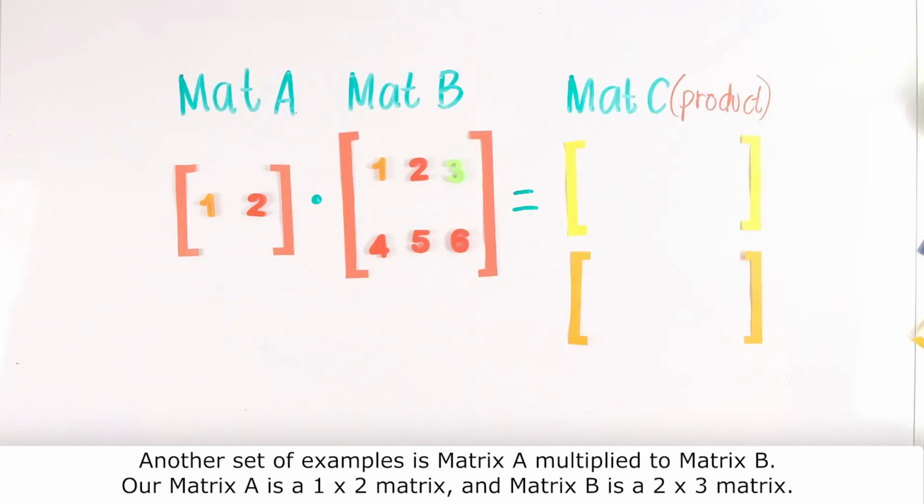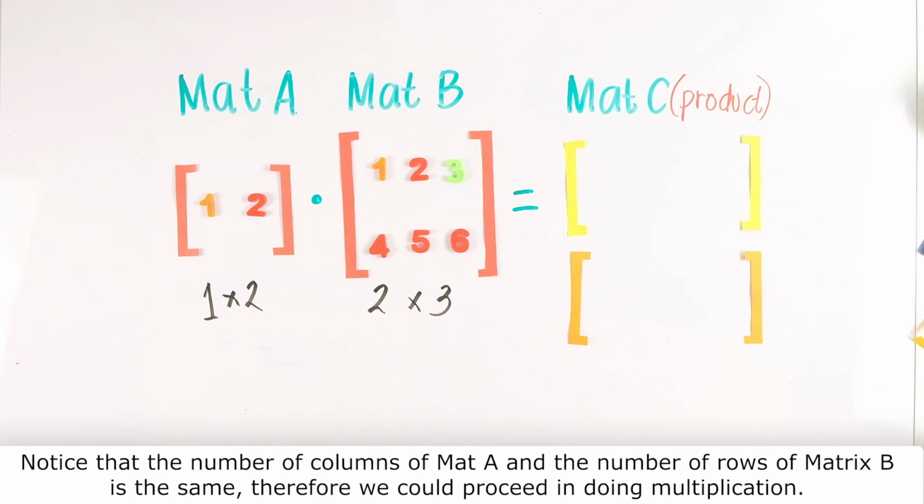Another set of examples is matrix A multiplied to matrix B. Our matrix A is a 1 by 2 matrix, and matrix B is a 2 by 3 matrix. Notice that the number of columns of matrix A and the number of rows in matrix B is the same.